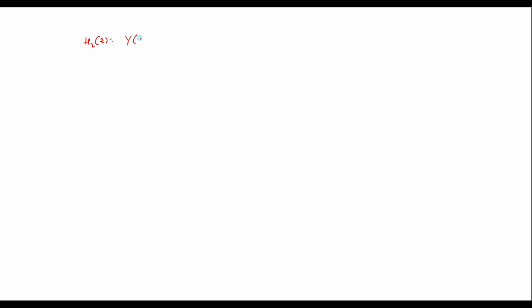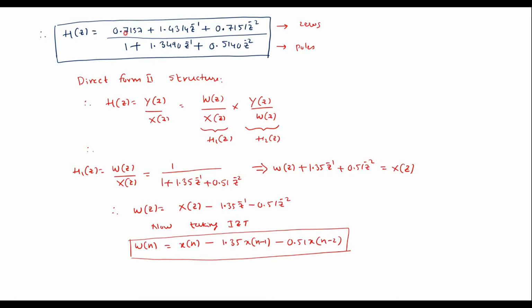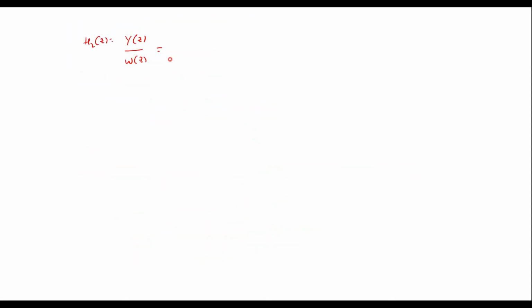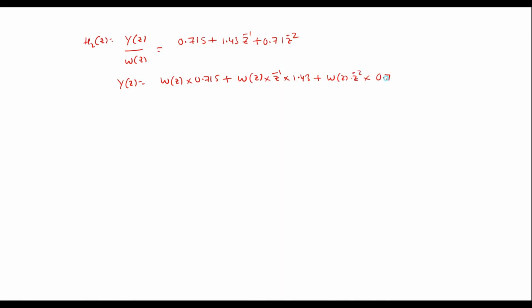H2(z) is equal to Y(z) divided by W(z), which is with respect to the numerator, that is nothing but zeros, that is 0.7157. So now cross multiplying, I can write Y(z) is equal to W(z) into 0.715 plus W(z) into z inverse into 1.43 plus W(z) into z power minus 2 into 0.71.